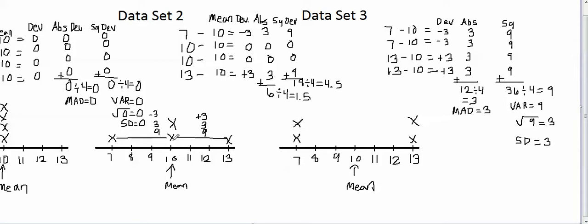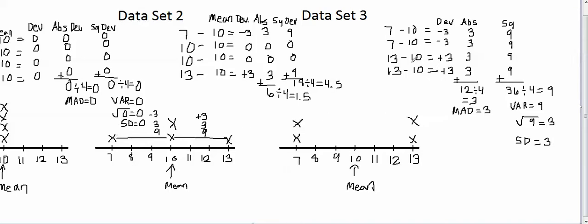I'm actually not showing any numbers for 10 and 10. I'm not showing their deviations on here because these two numbers both have deviations of 0. You can see that in here. There's also no space for me to label them. So all I did, the labeling was for 7 and 13.